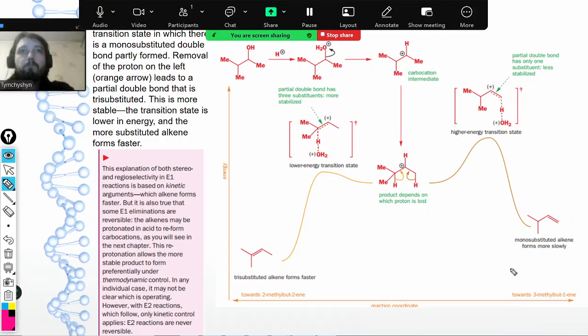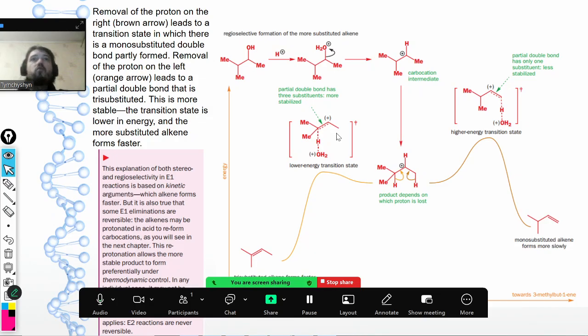The thing is that removal of this proton leads to a transition state in which there is a monosubstituted double bond partially formed. So here is the intermediate case when this monosubstituted double bond is partially formed.